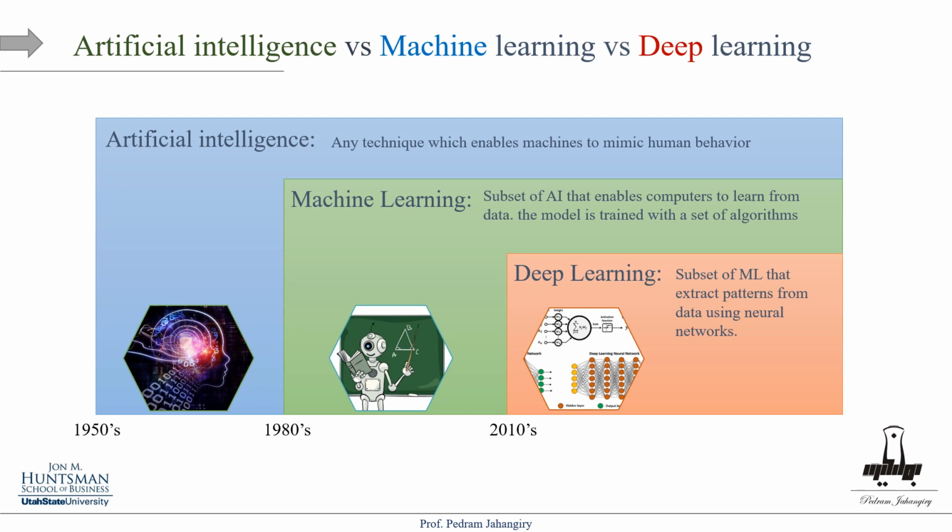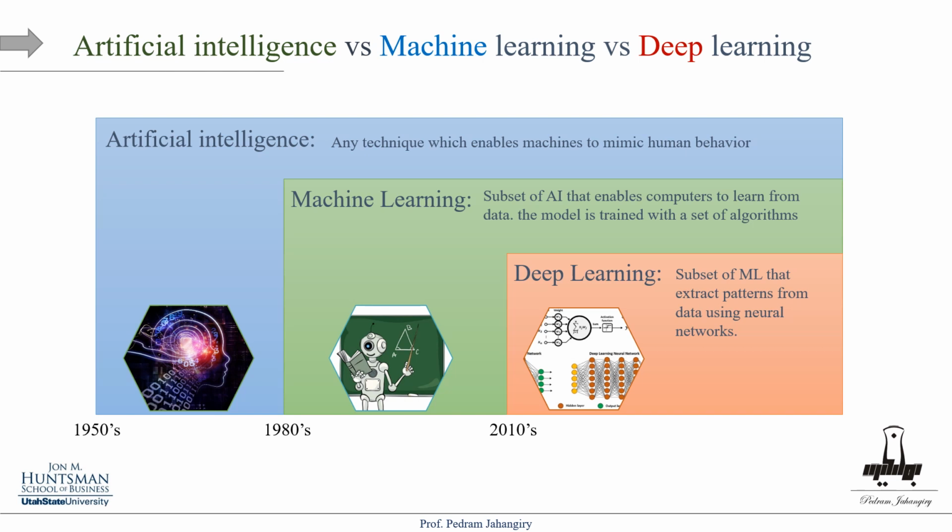All right, so you may have seen something like this: deep learning is a subset of machine learning, and machine learning is a subset of AI, artificial intelligence. But let's break it down and see what we mean by that. I would like to start with the definition of intelligence. Intelligence is the ability to process information and make decisions based on that. Now, if this intelligence is a biological inspiration, as in humans, we call it human intelligence.